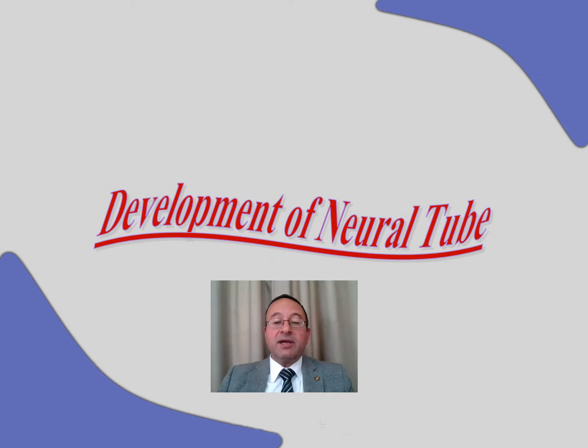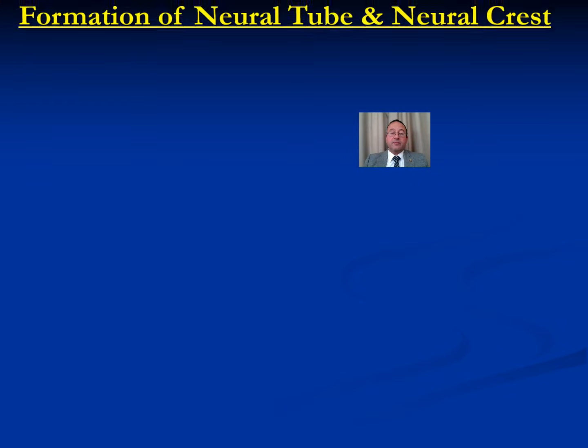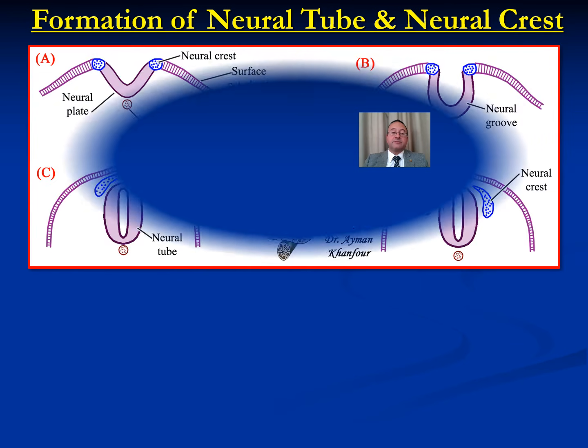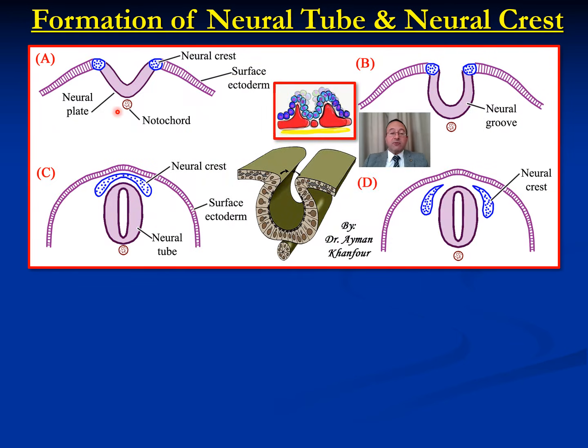Now we will start by development of the neural tube. What we see now is just the surface ectoderm of the developing embryo.